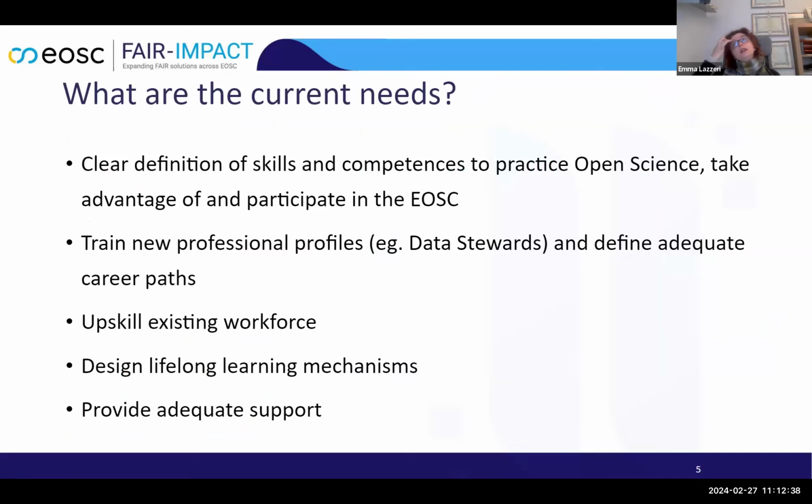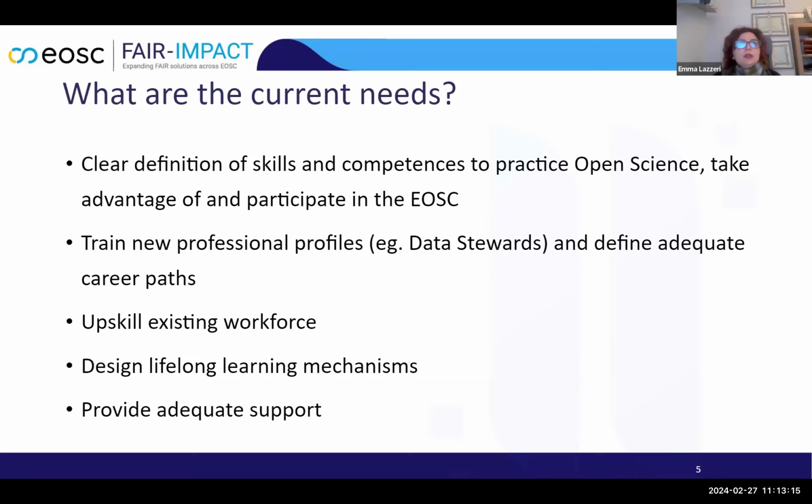So what are the current needs in terms of skills related, of course, to open science and FAIR practices? Those are needs that come also from the previous Strategic Research and Innovation Agenda of the EOSC. In the last 2 years, there has been a lack of a clear definition of skills and competencies to practice open science and to take advantage and participate in the EOSC.